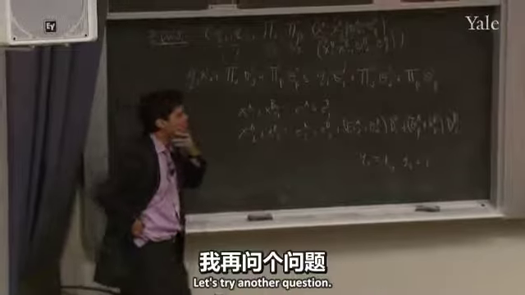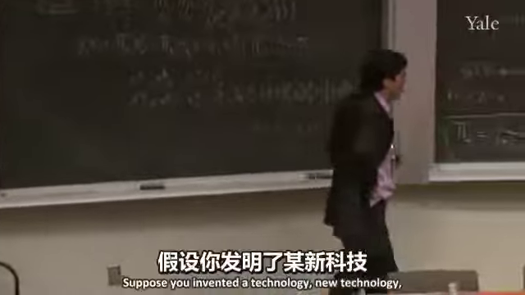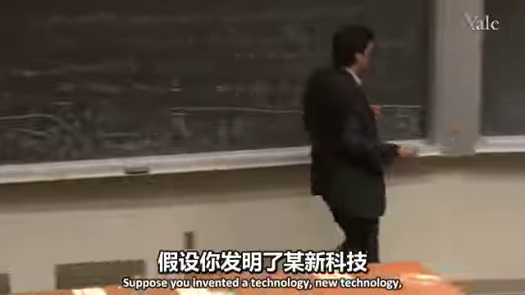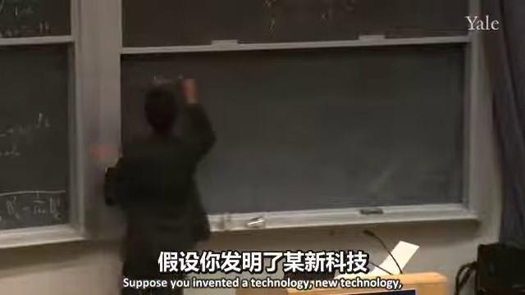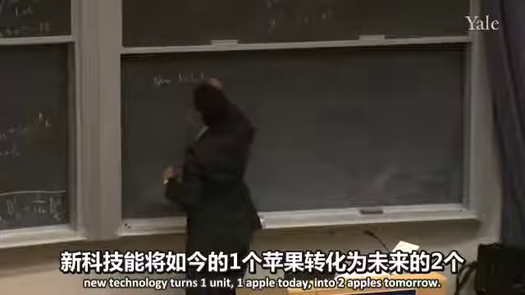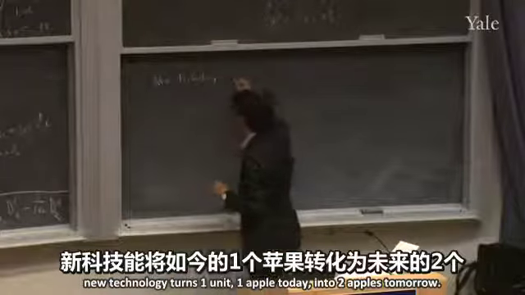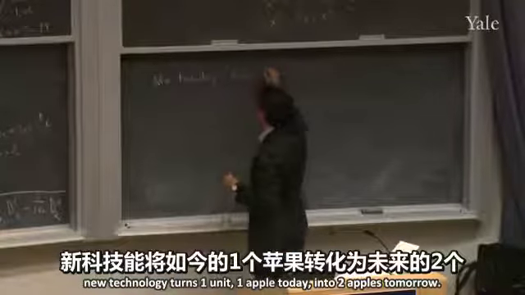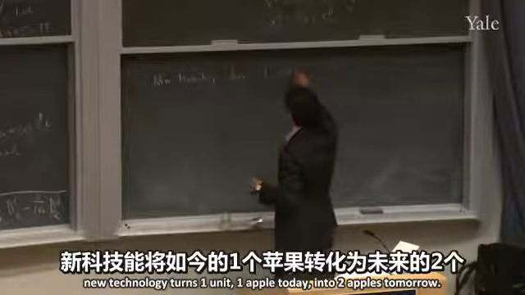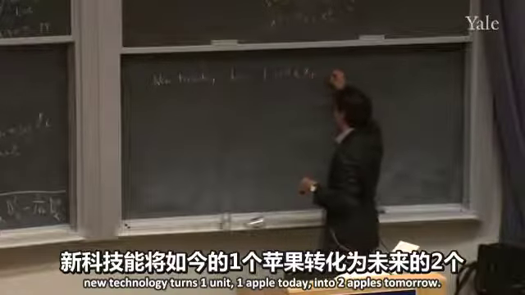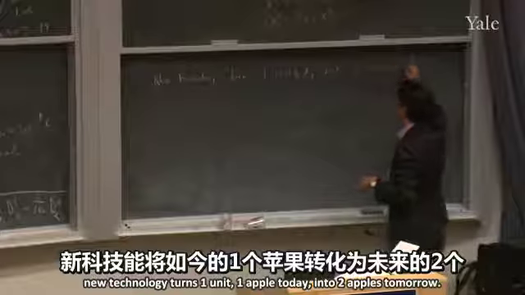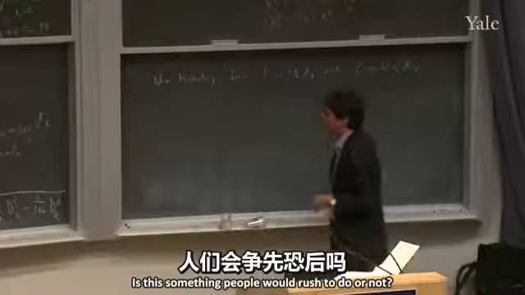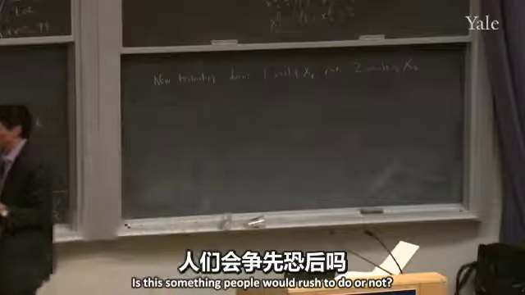Okay, let's try another question. Suppose you invented a new technology that turns 1 apple today into 2 apples tomorrow. Is this something people would rush to do or not?